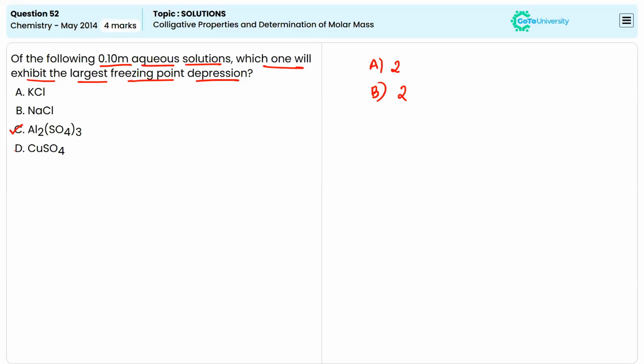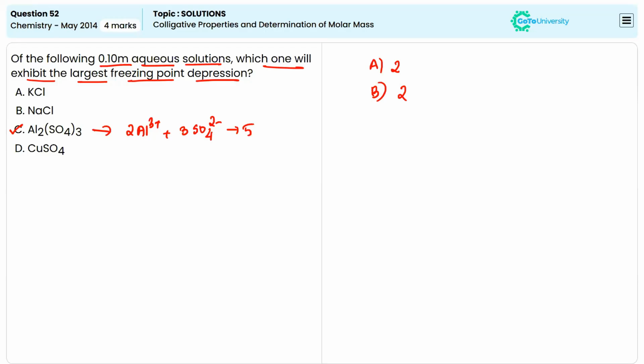If you come to copper sulfate, it also has fewer ions, because in Al2(SO4)3 they will produce 2 Al3 plus ions and 3 SO4 2 minus ions. So the total will be 5. This means the number of particles is directly proportional to the colligative property, because freezing point depression is a colligative property.